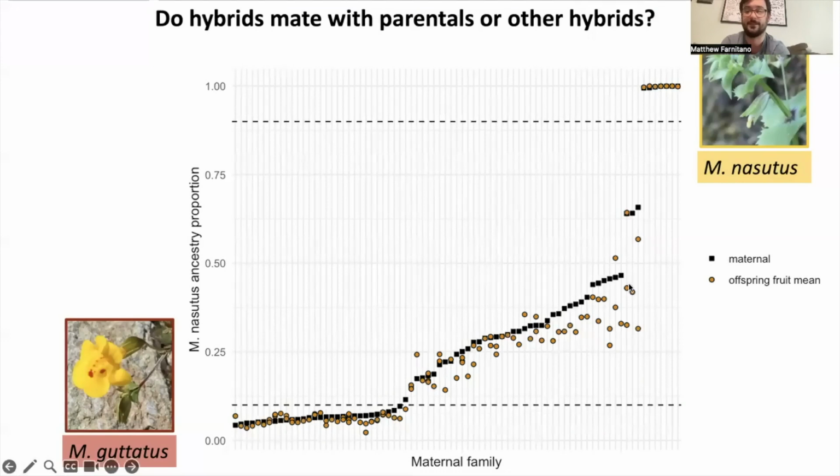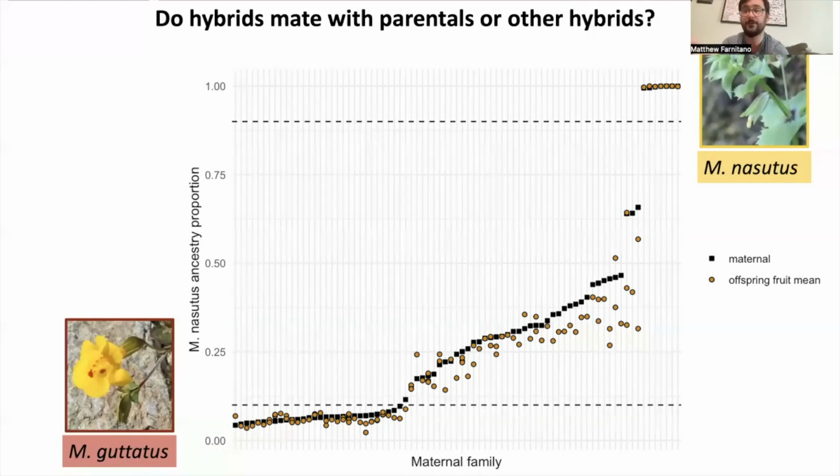So this is the mean of multiple offspring from one fruit. And we start to see that for a lot of these fruits, we have a little bit of a skew towards more Guttatus-like ancestry than their mom, but we have some fruits that have an ancestry that really matches their mom closely. And we can take this one step further by extrapolating what we think the paternal genome contribution for each of those fruits is.